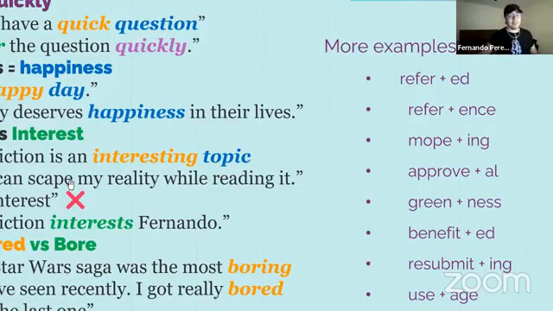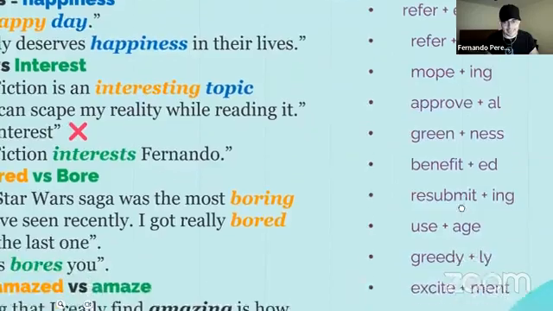And then mopping is a description. The mopping jar, the mopping chemicals, the mopping product, etc. Approve is a verb. Together with al, you obtain approval, which is a noun, etc.